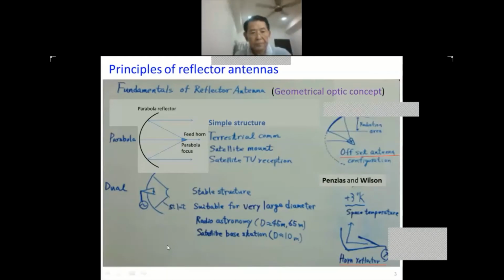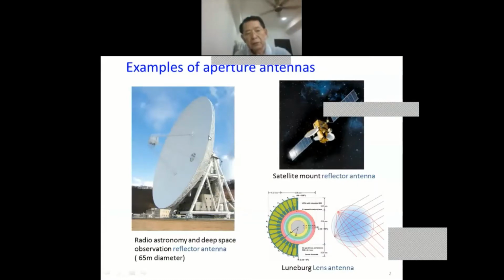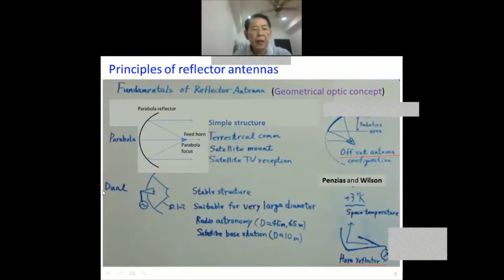So, like this is a dual reflector, with the main reflector and the sub-reflector. For a higher gain antenna, the dual reflector type is used. However, the simplest structure is the parabola. And this is offset. This offset antenna is very famous.